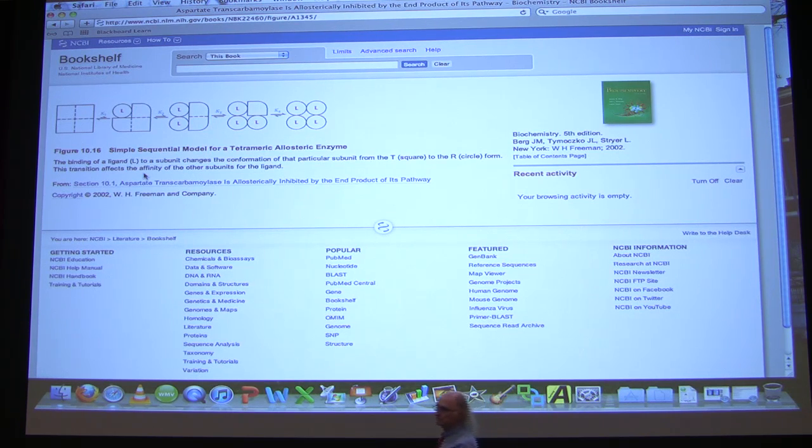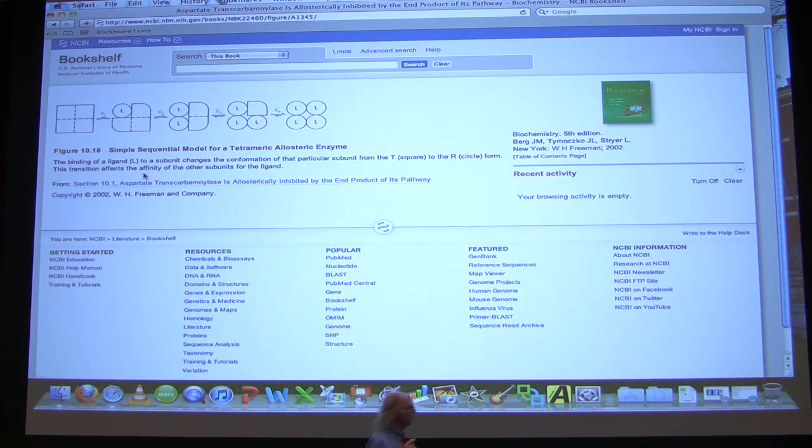Yes, sir? Is there any trend where something that switches states spontaneously very quickly favors a concerted model? I'm not sure I understand the question. If an enzyme spontaneously changes states very rapidly relative to other enzymes, would that be better described by the concerted model? Okay.